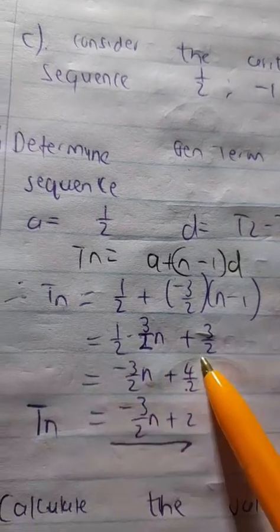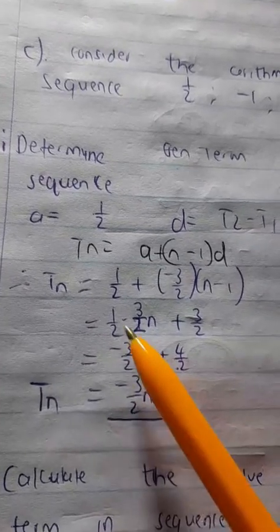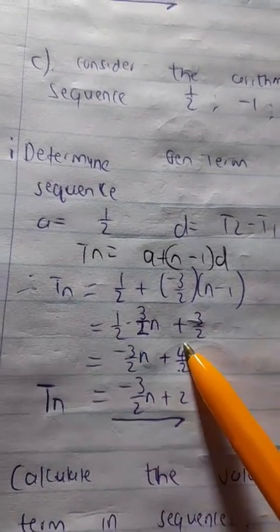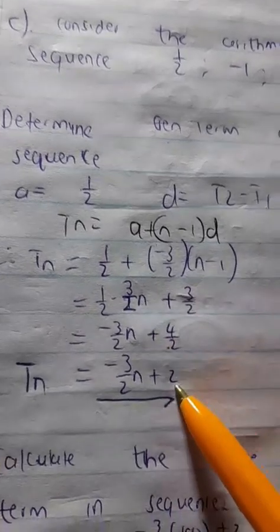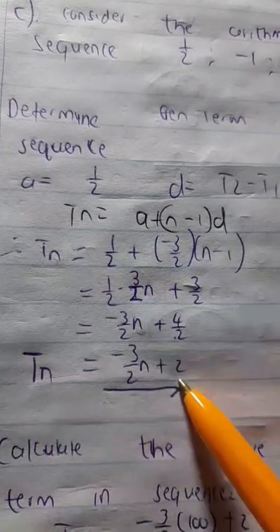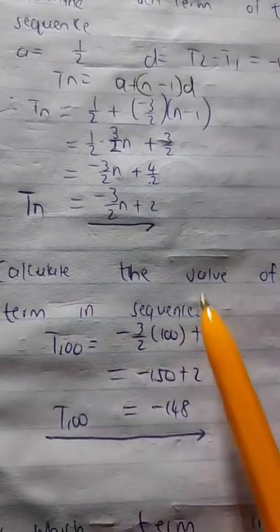Then after that, we add the like terms. Negative 3 over 2n is written first, and then half plus 3 over 2 gives us 4 over 2, which simplifies to 2. So the general term is negative 3 over 2n plus 2.